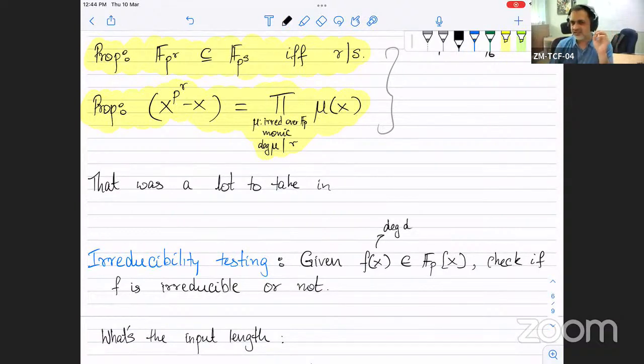I'll use d for the degree. In that case, the input length is going to basically be equal to d log p bits. Is that okay so far? Because to be really precise, it's like (d plus 1) log p. So there are d plus 1 coefficients in f, and each one is an element of F_p. So therefore, it is specified using log p bits.